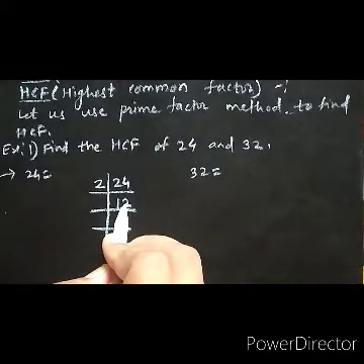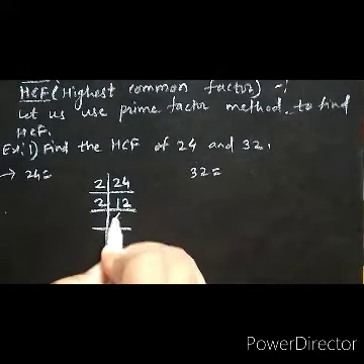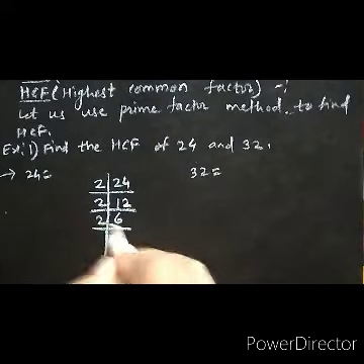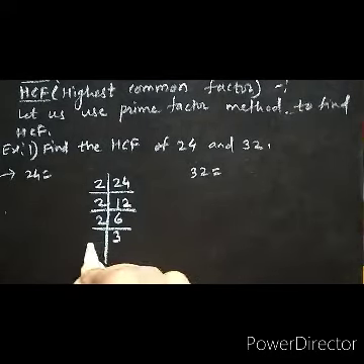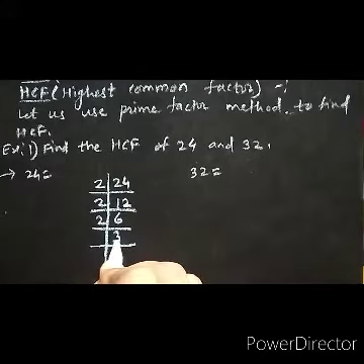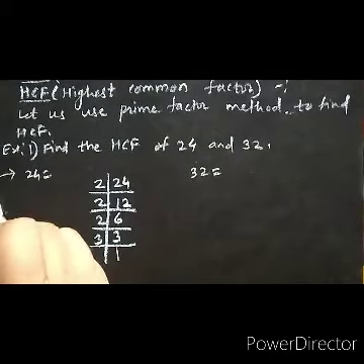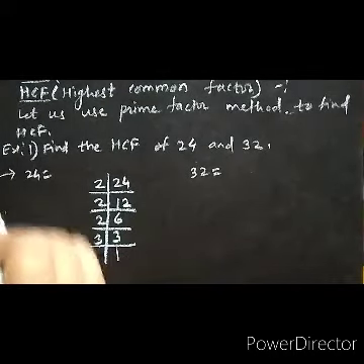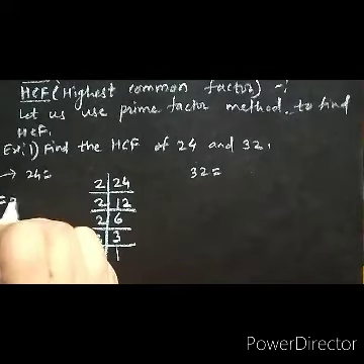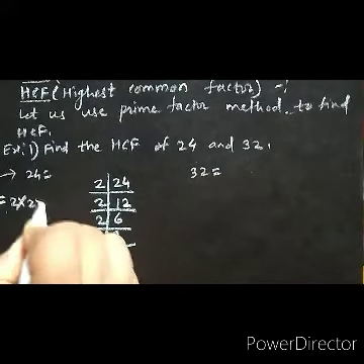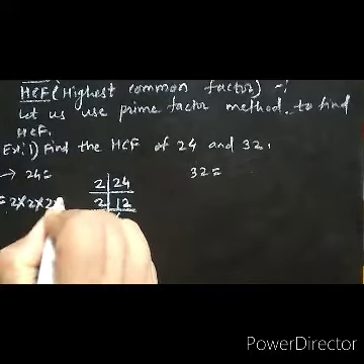Again 2 sixes are 12, 2 threes are 6. Now see, 3 is an odd number. Therefore, 3 ones are 3. Now we got prime factors. Now we have to write these prime factors into product form, that is 2 into 2 into 2 into 3.